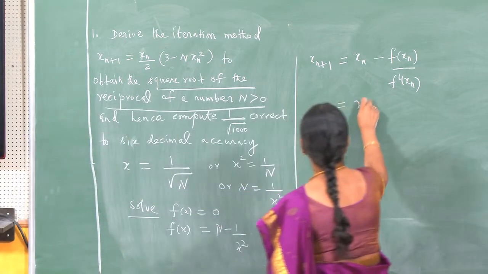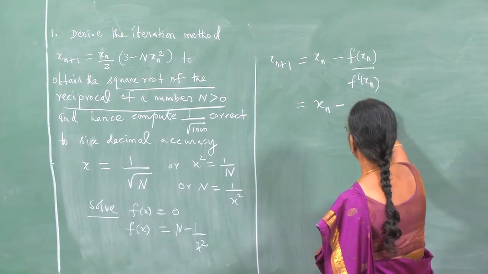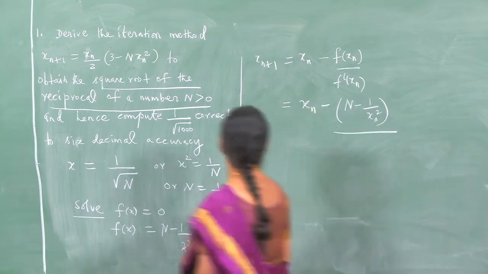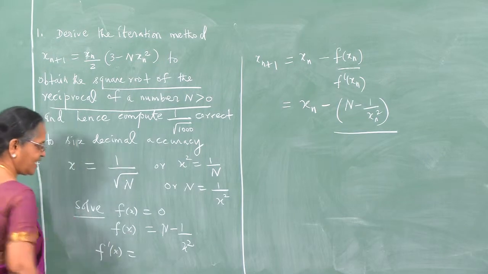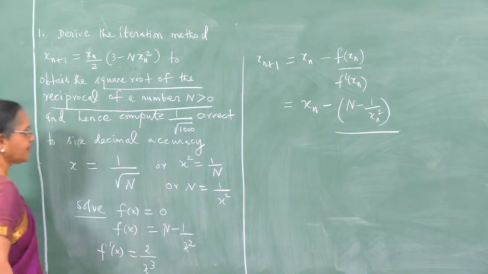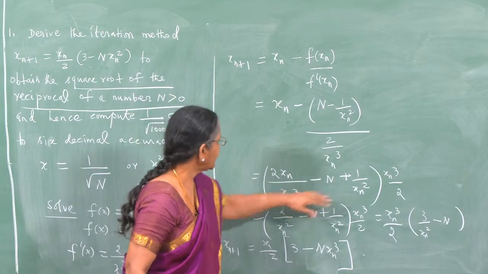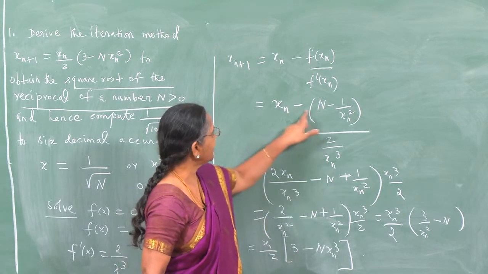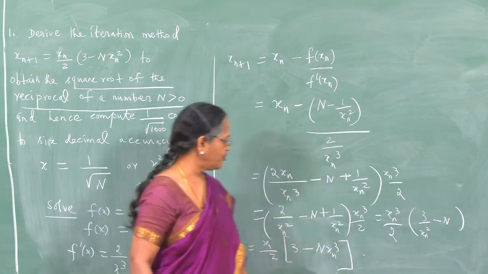So, it will be x n minus, what is f of x n? It is n minus 1 by x n square divided by, I require f dashed of x n. So, let us compute f dashed of x. So, that will give you 2 divided by x cubed. When we simplify this, we end up with 2 x n by x n cubed minus n plus 1 by x n square multiplied by x n cubed by 2.